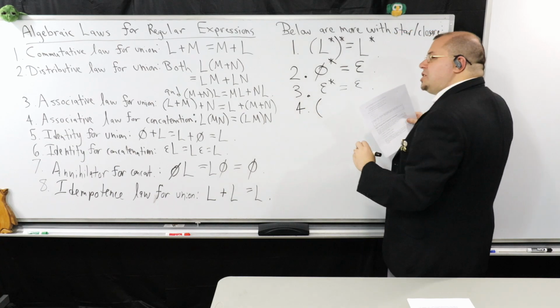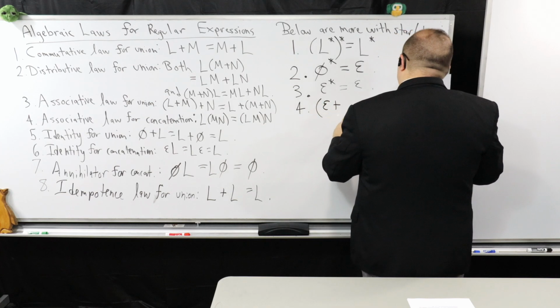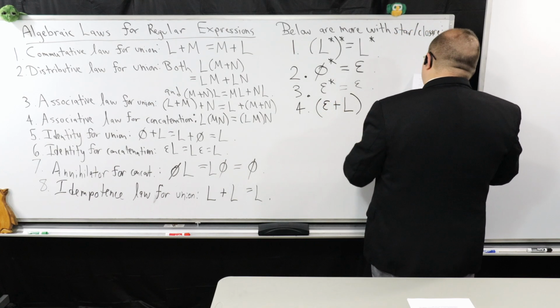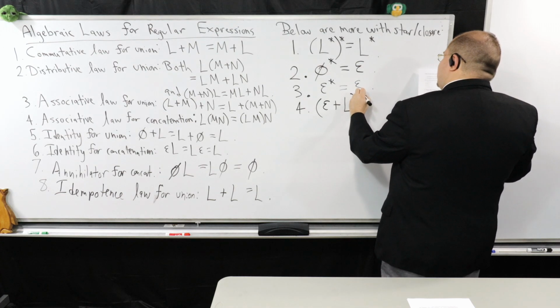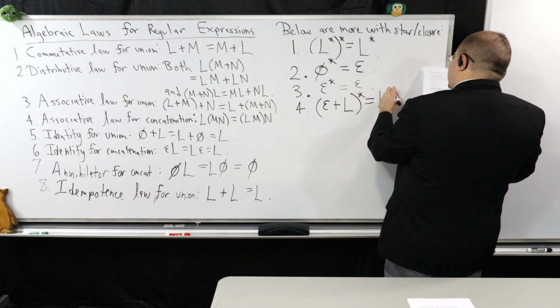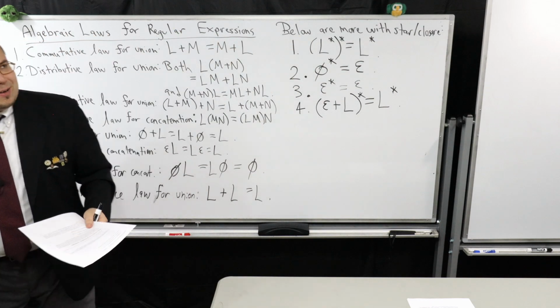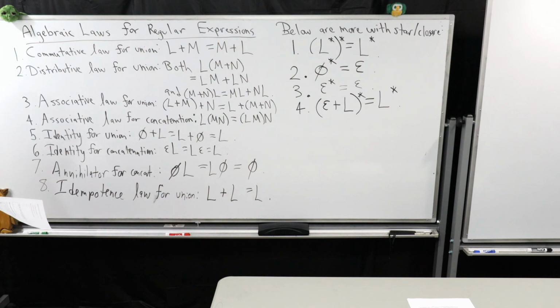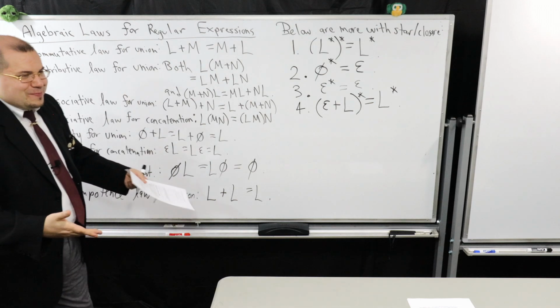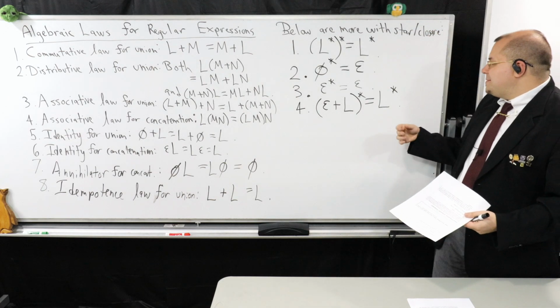Another one, this is one I actually did use the last day. And this is a very useful one. So if I have the expression for the empty string, and I union it with L, which is an expression for some language, and I take the star of that, this is no different than me writing L star. So notice that because of the fact that I can choose to take none of epsilon or L, that's of course going to end up being no selections, which corresponds to the epsilon, right?